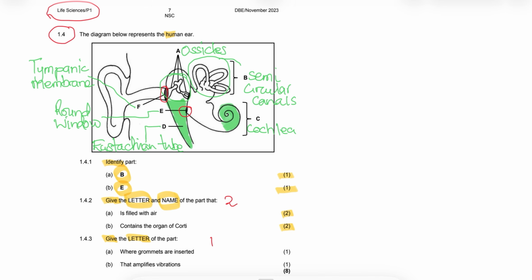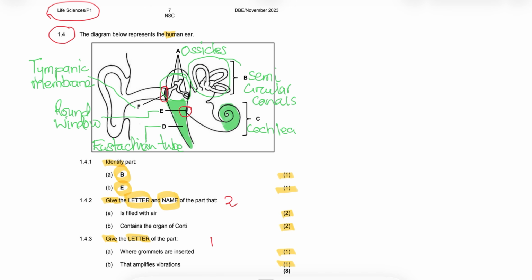They won't credit you for that, even if the name is correct. So make sure that you follow instructions. The examiner requires the letter only in this question. And the mark allocation is 1 mark, and that guides you in terms of how much information you are going to give for that particular question.